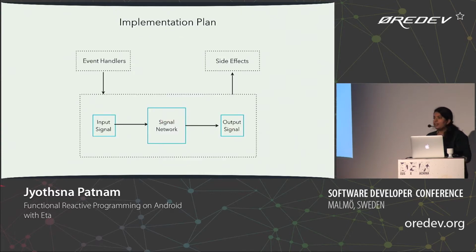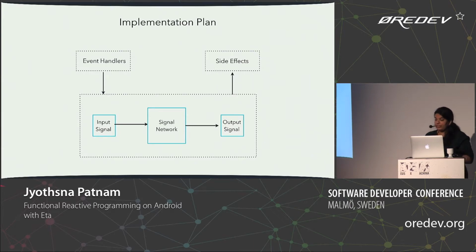In order to implement a game in ETA, we need ETA's integration into Android Studio itself. We also need a way to create input signals with the Android event handlers. We need an FRP library that can convert input signals to output signals.